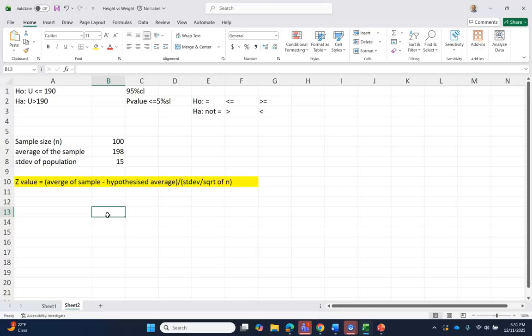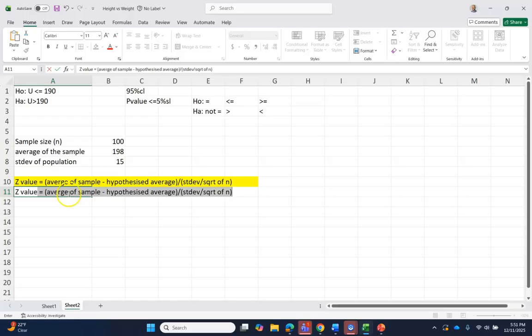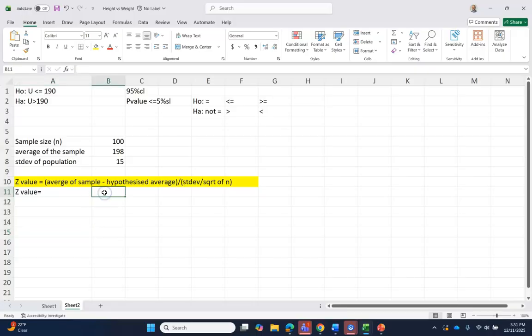So let me work on my example and see if you can do the same. So to find the z-value, I'm going to take the average of the sample. So that's the average of the sample that we had, which is 100.